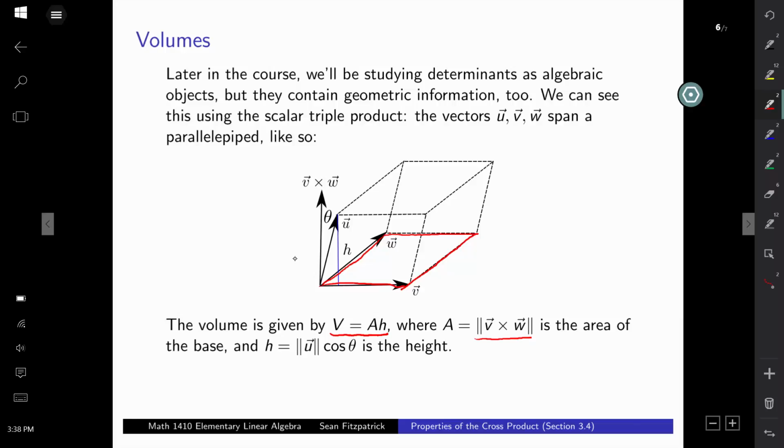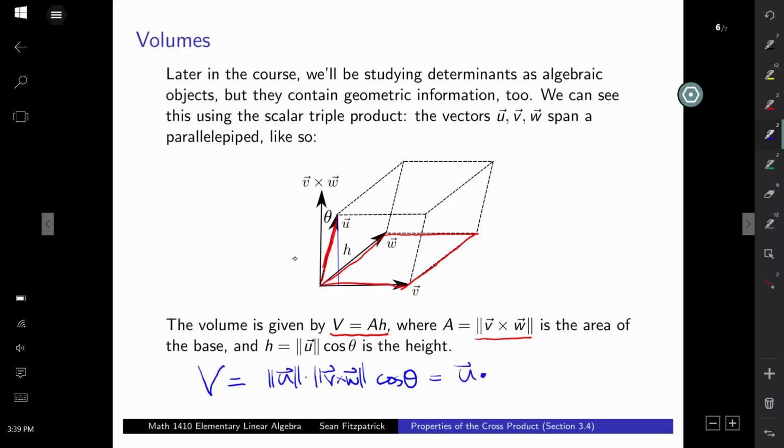And the height, so there's our angle theta between u and the cross product. Playing around with trig, we can work out that the height is simply given by the magnitude of u, here's the vector u, times cosine of the angle. That will give me the height. If you put these things together, the volume is the magnitude of u times the magnitude of v cross w times the cosine of the angle between those two vectors.